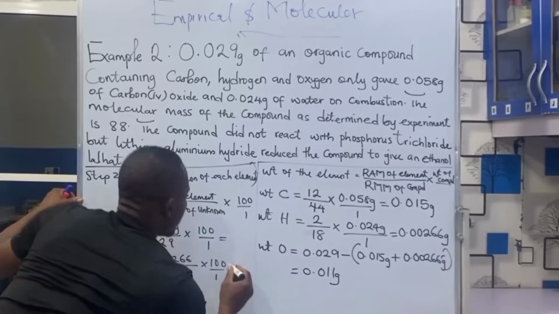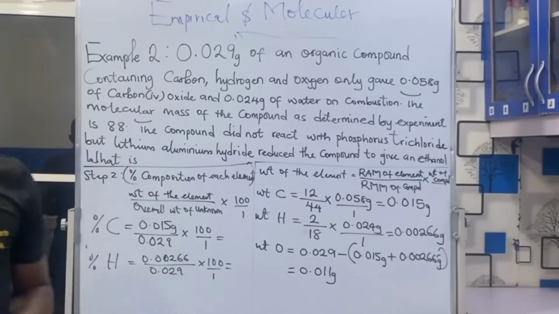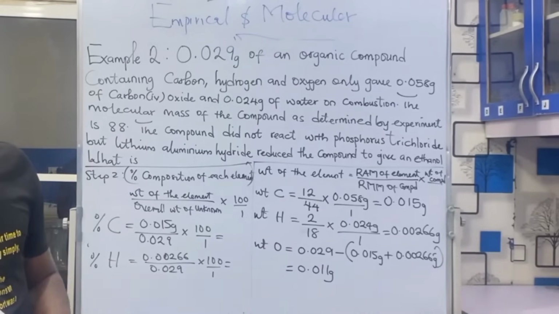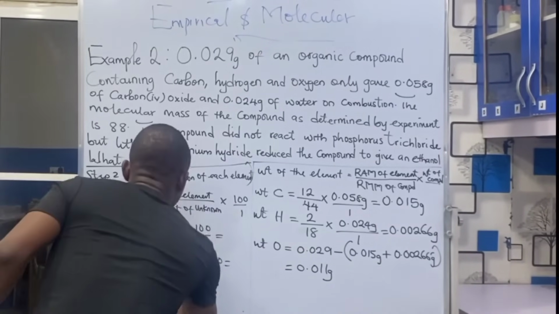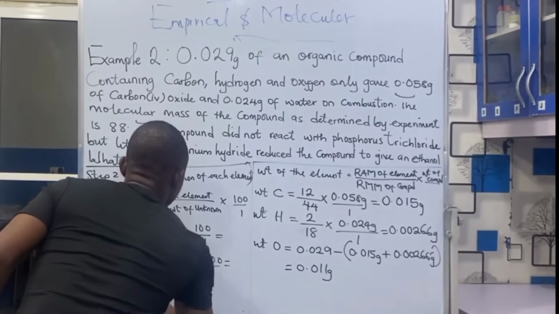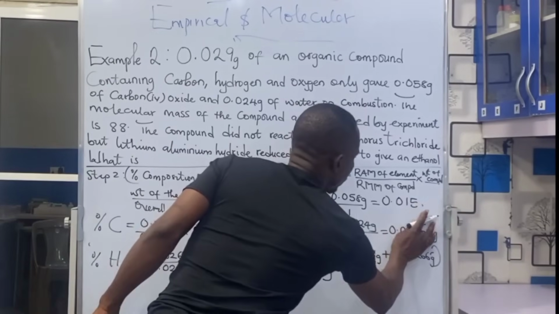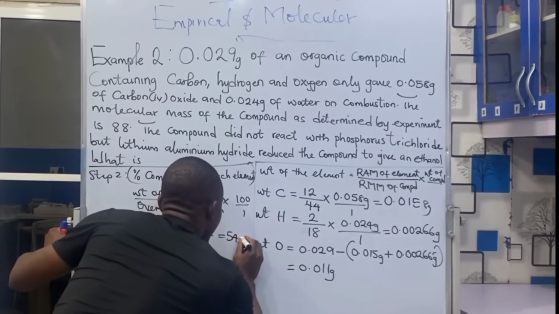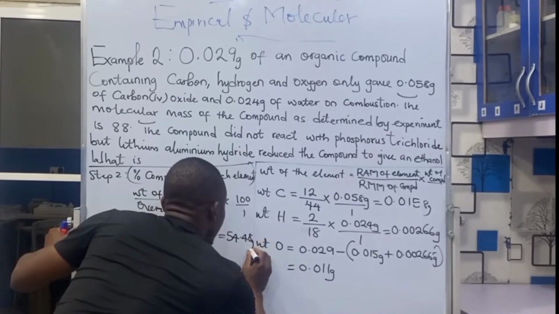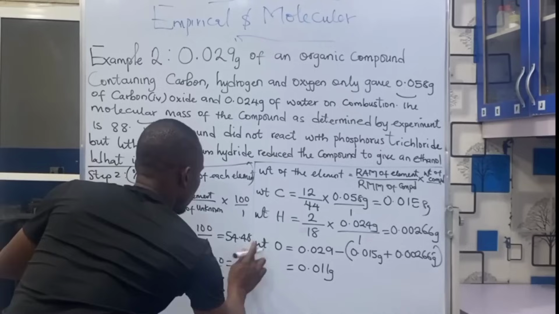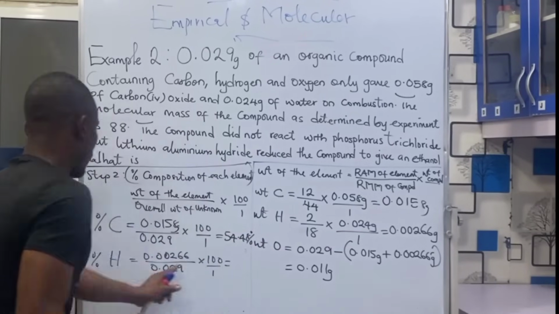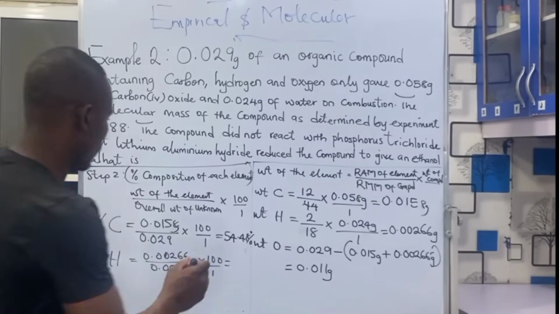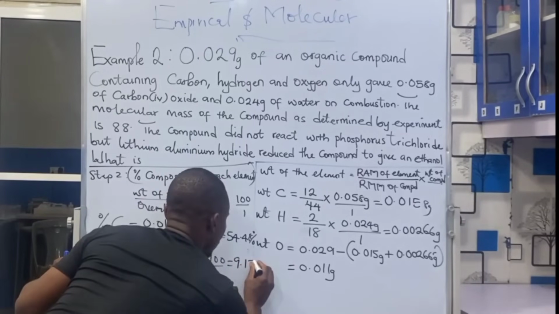When you do this mathematically, we arrive at carbon being 54.48, sorry, not grams, percentage. For hydrogen, we have 9.17%.